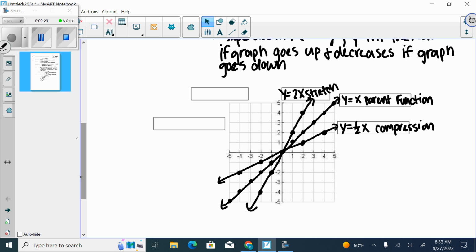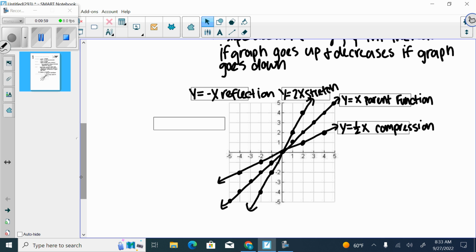The next thing we talked about was reflection. And what did we say makes a reflection happen? Everything's opposite, or it changes the sign of your slope, right? So for my parent function, my slope was positive 1. If that was reflected, it would become negative 1, right? So y equals negative x would show reflection.